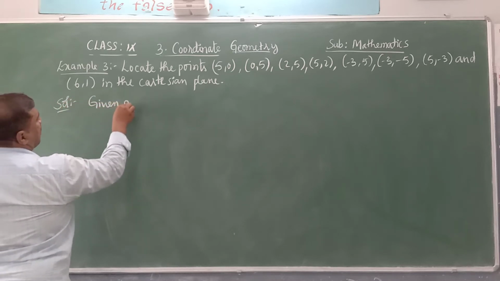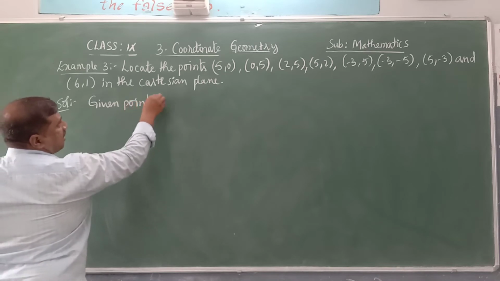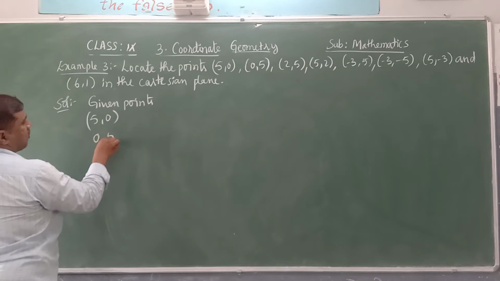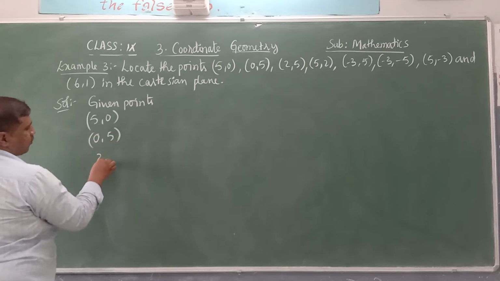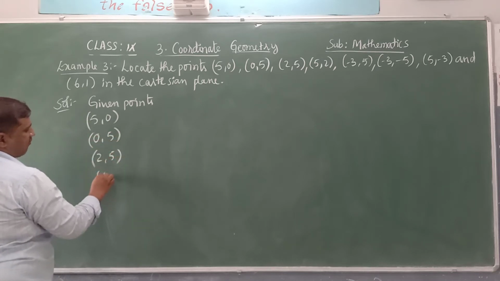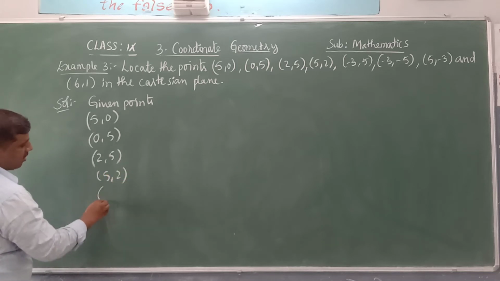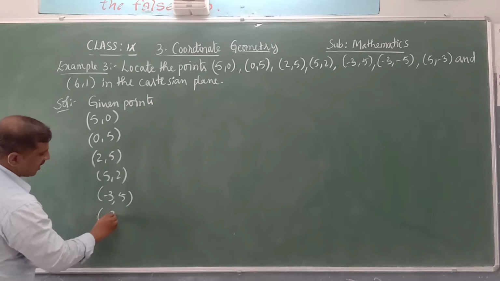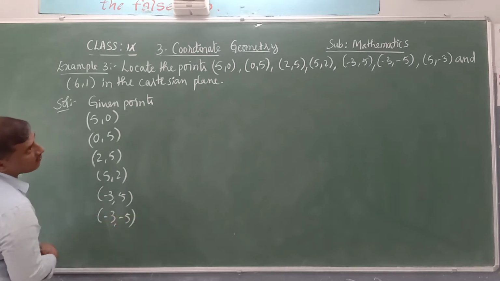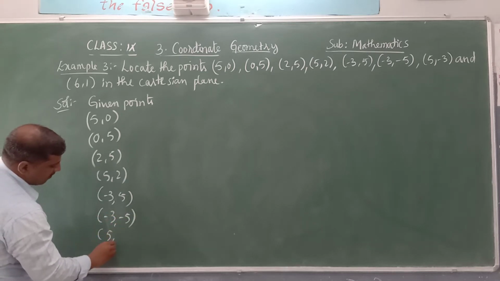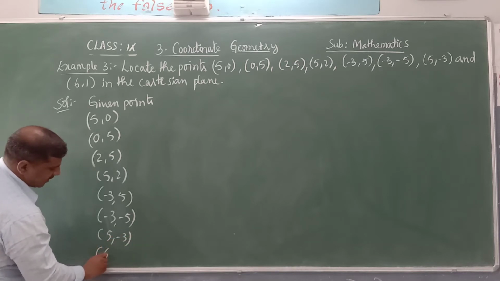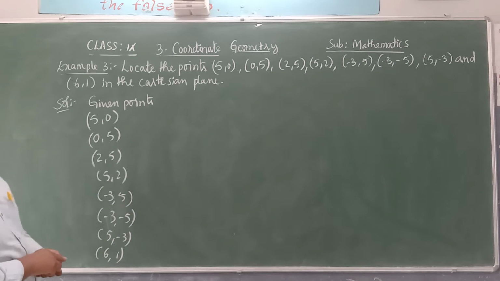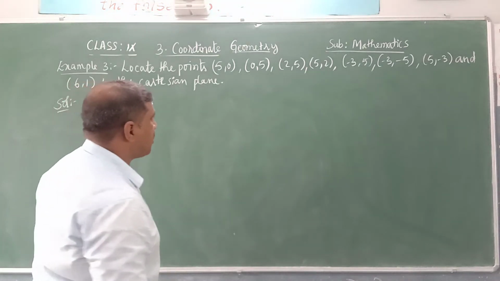Given points are (5, 0), (0, 5), (2, 5), (5, 2), (-3, 5), (-3, -5), (5, -3), then (6, 1). So total 8 points. We have to locate these points in the Cartesian plane.